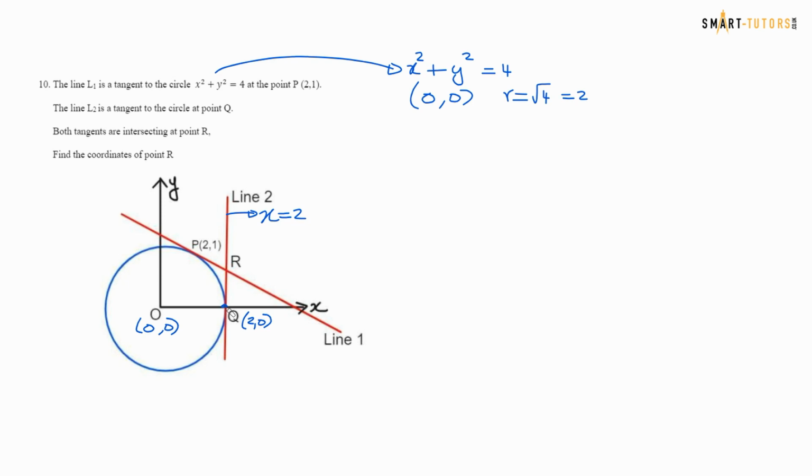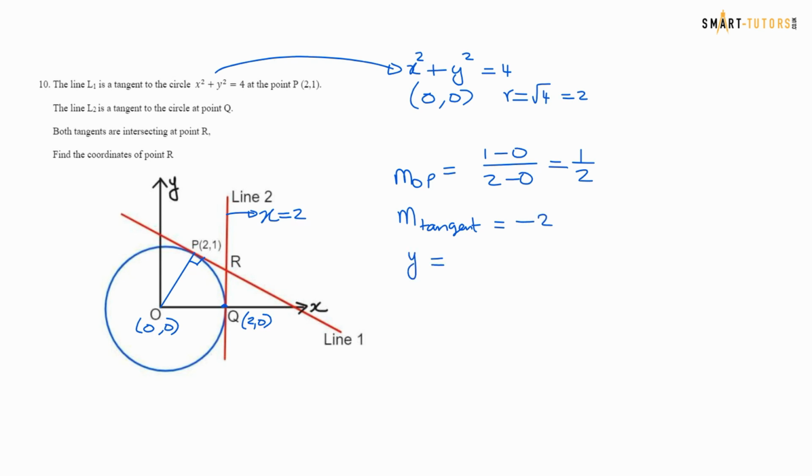Now we do the normal method of finding the gradient and the tangent equation. The angle is 90 degrees. The gradient of OP is 1 minus 0 over 2 minus 0, so half. The gradient of the tangent is the negative reciprocal, which is minus 2.